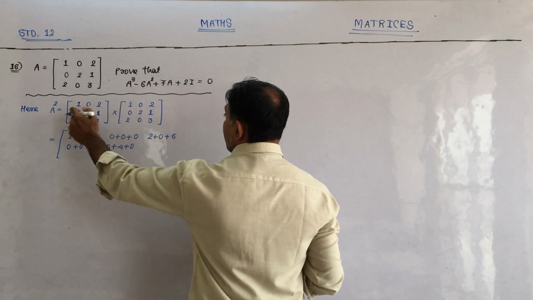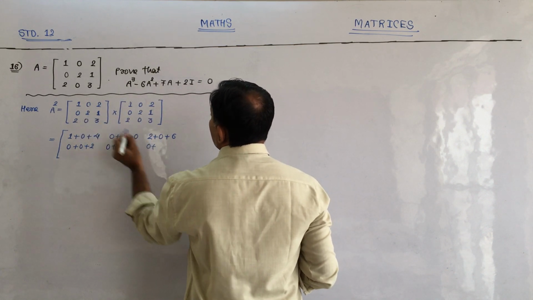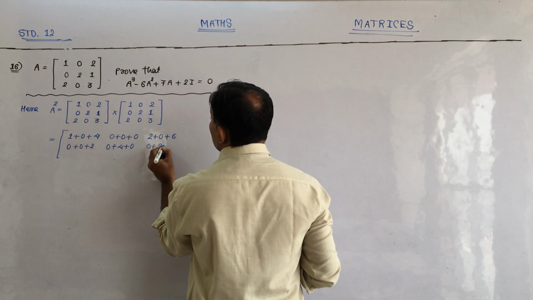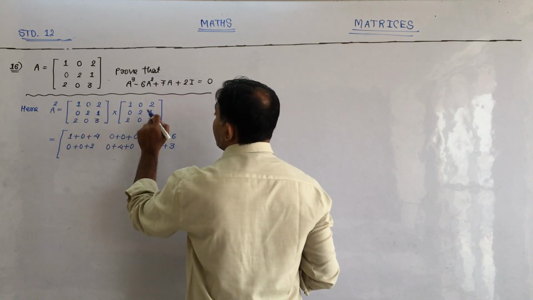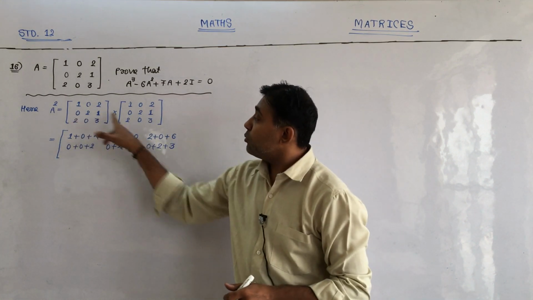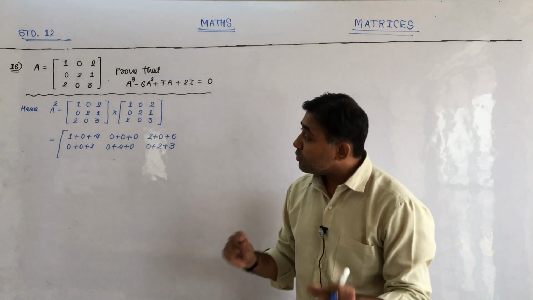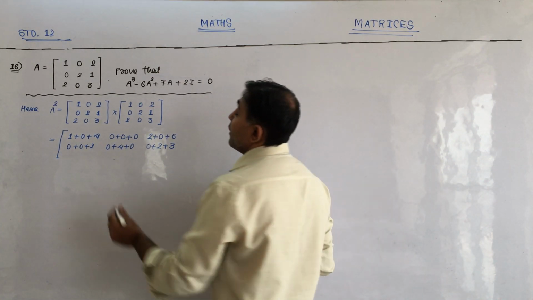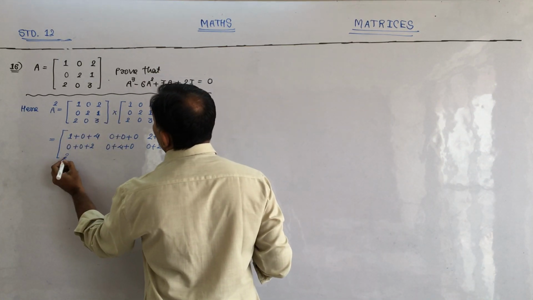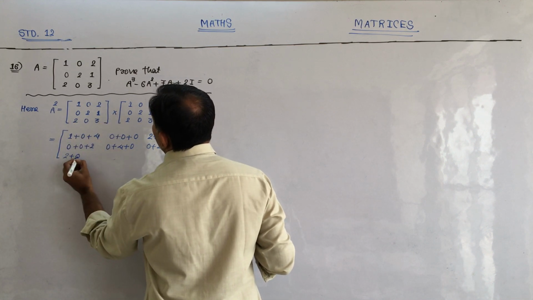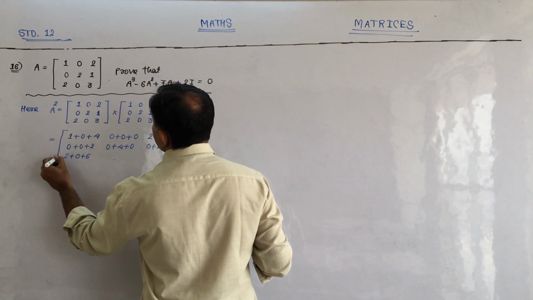Second row third column: 0 into 2 is 0, 2 into 1 is 2 and 1 into 3 is 3. Now third row first column: 2 into 1 is 2, 0 and 6.